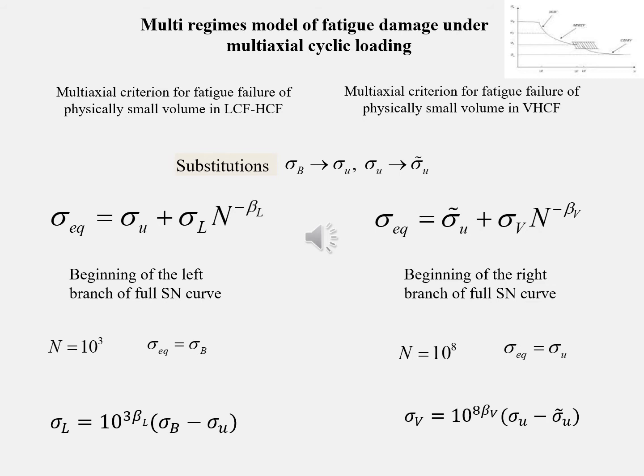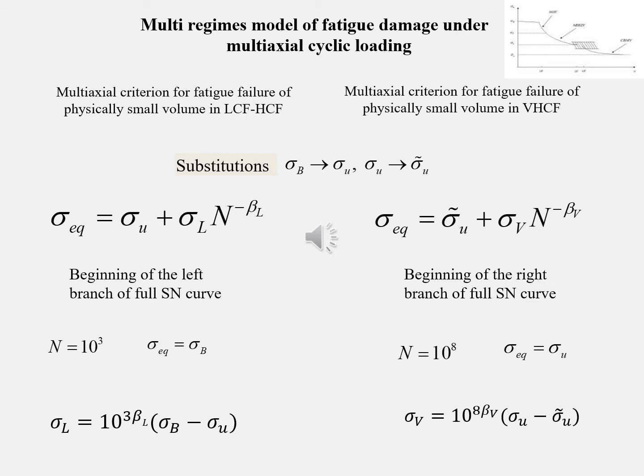In the case of the right branch, when we are describing the very high cycle fatigue range, we assume that fatigue strength at 10^8 cycles is approximately the same as the fatigue limit here, and it gives us the boundary condition on the left edge of the right branch. And after that, we have a fatigue limit at a given number of cycles that corresponds to the limit in the very high cycle fatigue region.